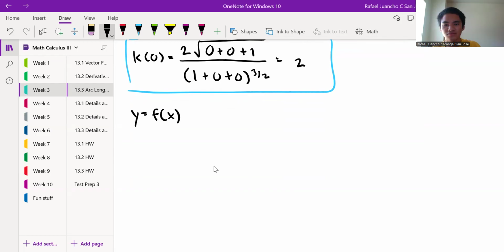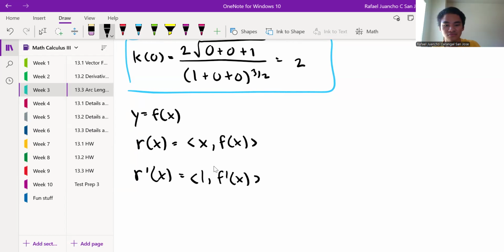Well, we can actually rewrite this as r of x. So here I'm using it as a vector where we have some x value and some y value. So here I say f of x, right? And then when we take the derivative of my vector function, I get 1 and f prime of x, right?